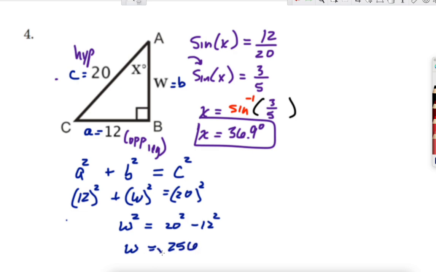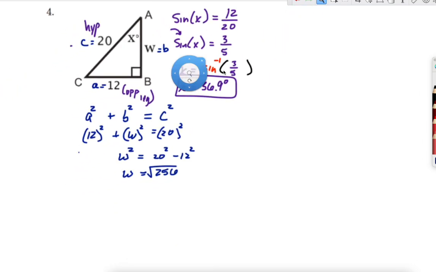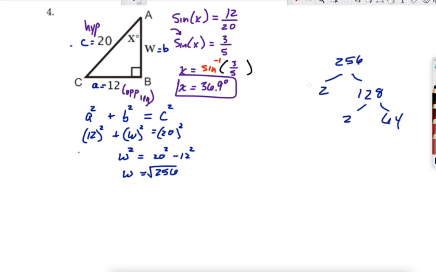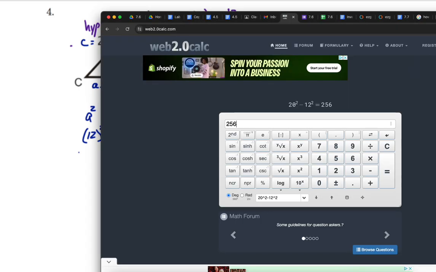And then we have to take the square root of 256. And, well, I said we could round to the nearest tenth, so we could go to a factor tree here and start dividing this thing up. Right, 2 goes in, and what would that be? 128, and then let's see, 64. But I think what we're going to see here is this is a perfect square.